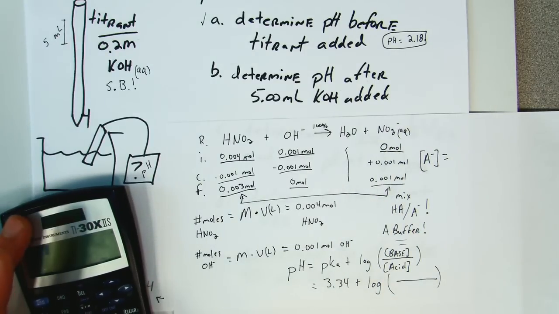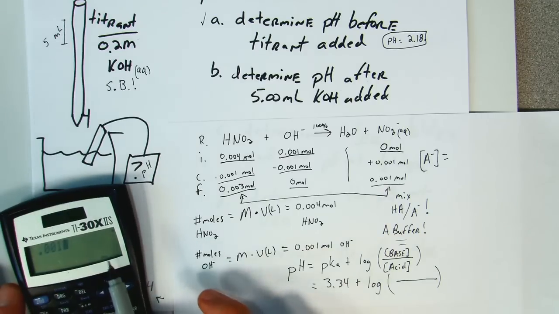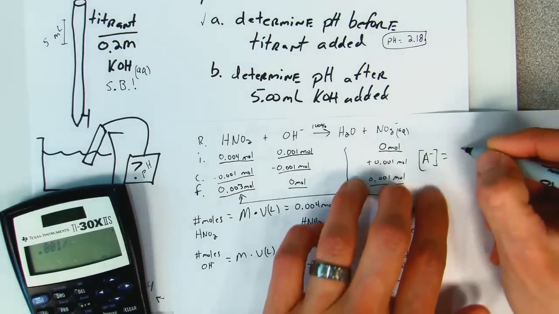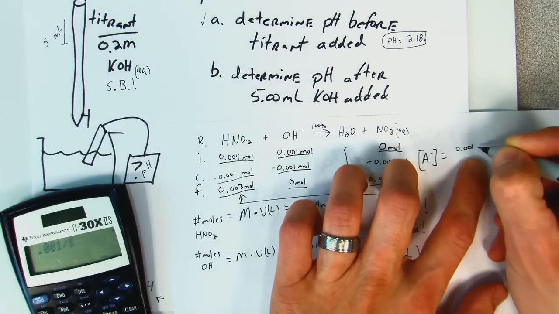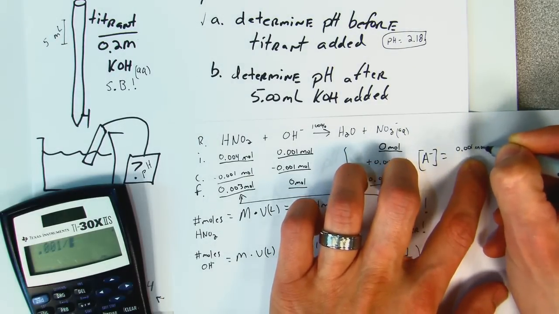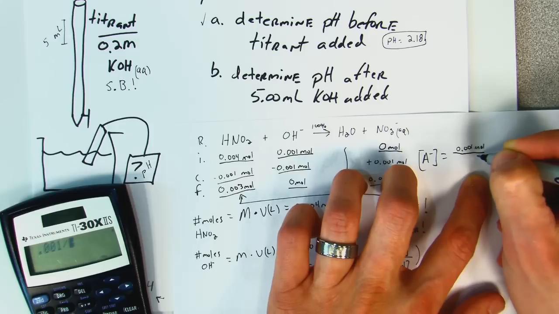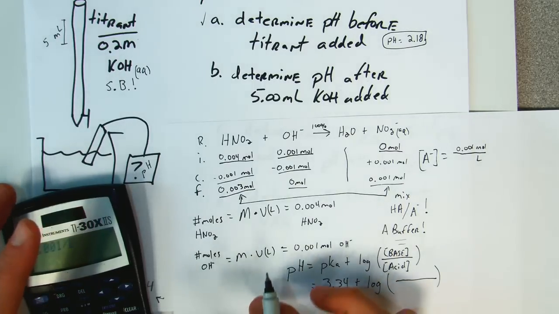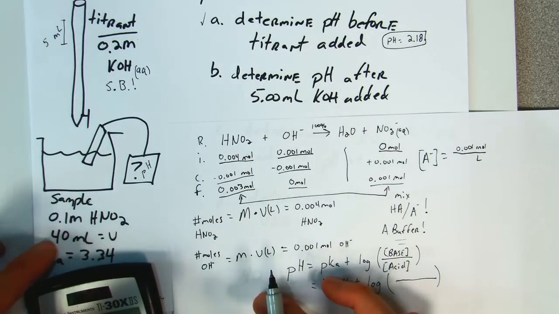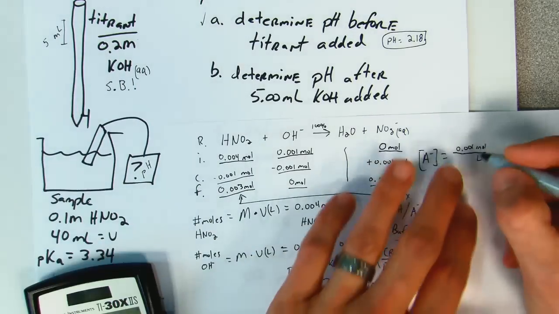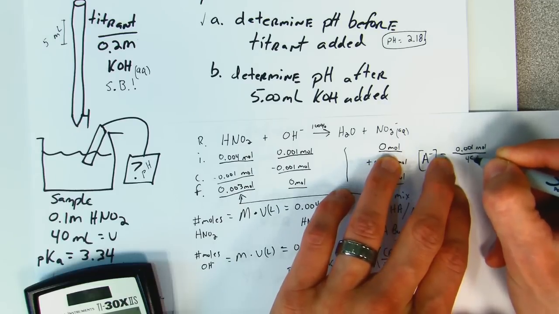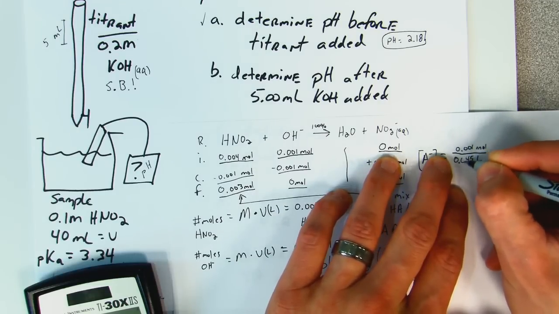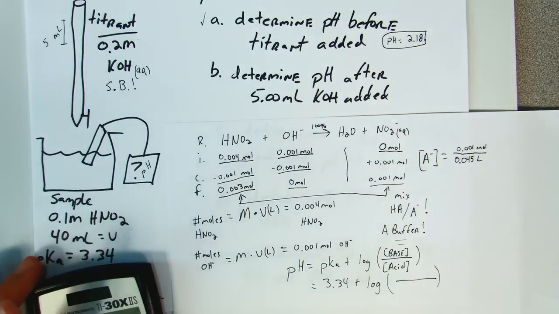So I've got 0.001 moles of it, and I have to divide that by a final volume in liters to get to my molarity. I don't know what that final volume is right now. Let's see, I started with 40, and then I added 5, so it looks like 45 milliliters, which is 0.045 liters.